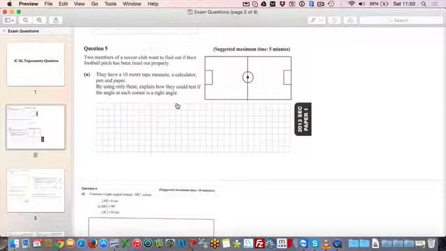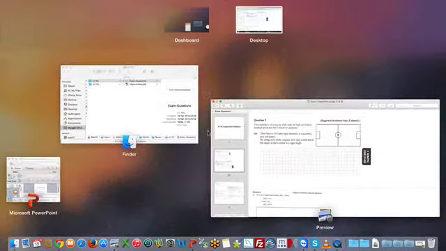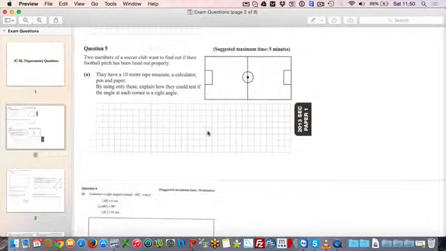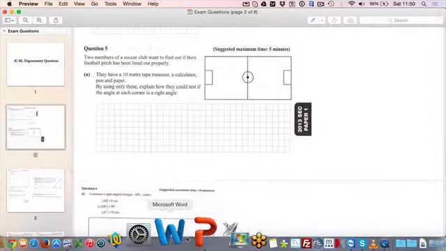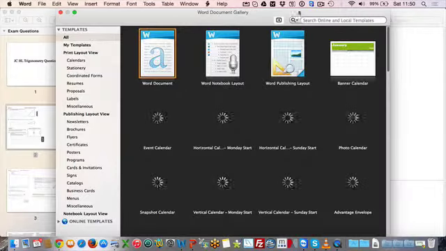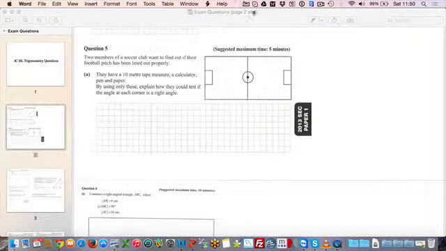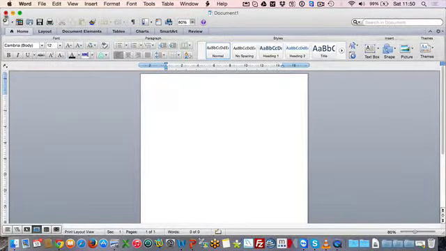Any ideas on this? This is a hard question.